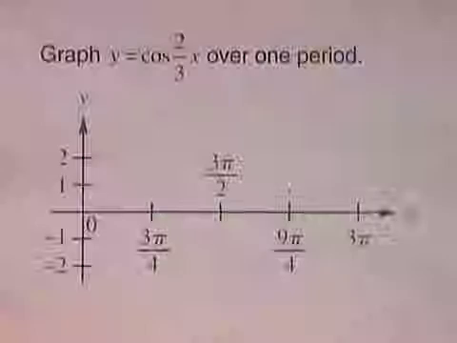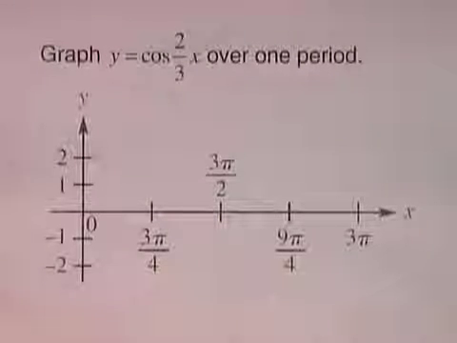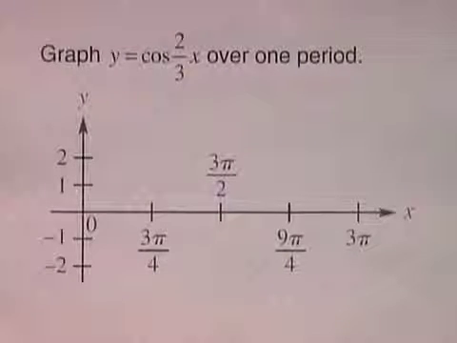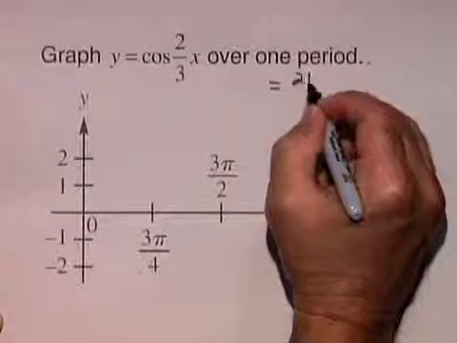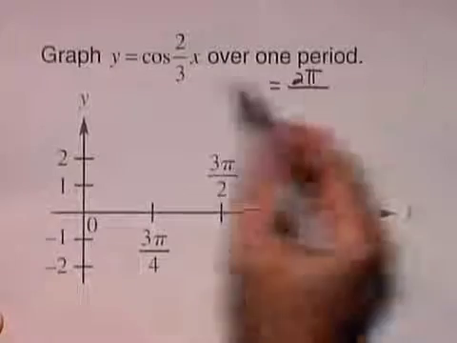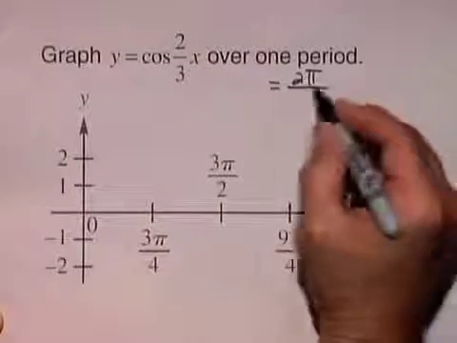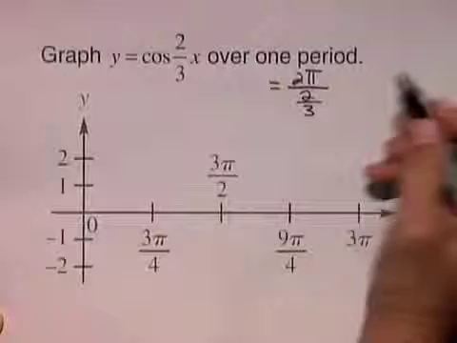In this example, we'll be graphing an equation of the form y equals cosine bx. Graph y equals cosine 2/3 x over 1 period. Well, first of all, let's determine what the period is. The period would be equal to 2 pi divided by b, and b is 2/3.